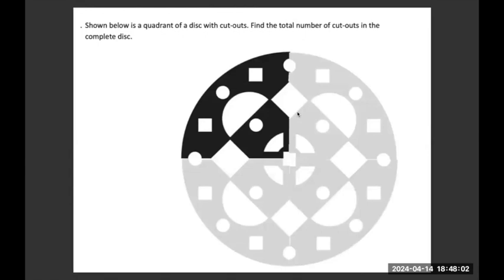What it means is 1, 2, 3, 4, 5, and 6. These 6 holes are repeated in all 4 quadrants, so 6 multiplied by 4, which is 24, plus the circle and diamond are also getting repeated on all the 4 sides.